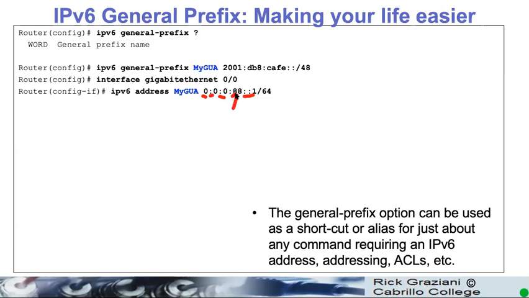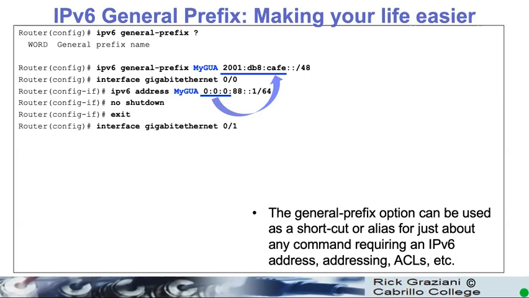This is my subnet ID. And then this is the interface ID, all colons, all zeros, and a 1. So the 3 zeros there are really the /48, which is being represented by my GUA. I'll show you how this is useful in a moment.